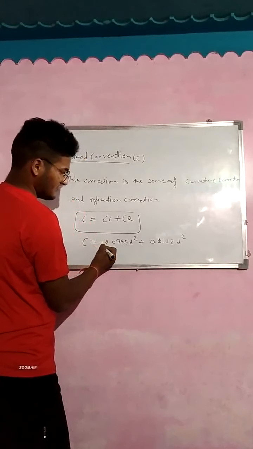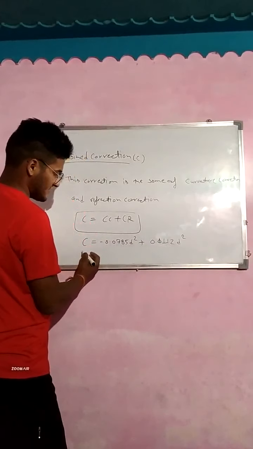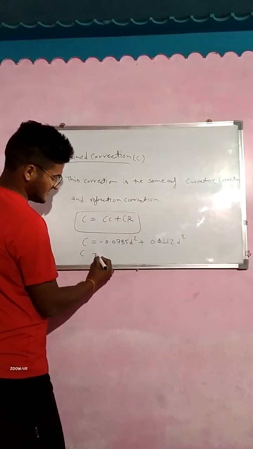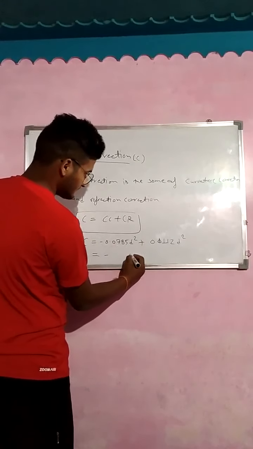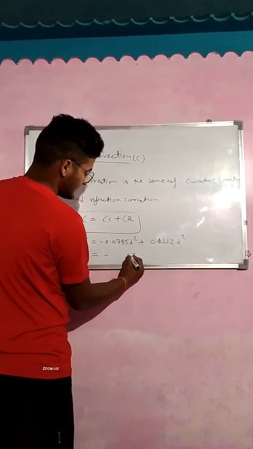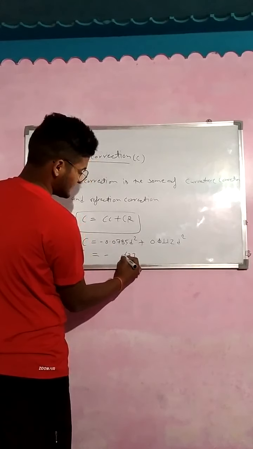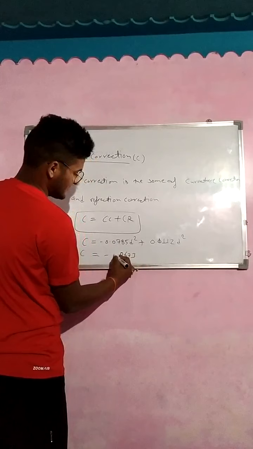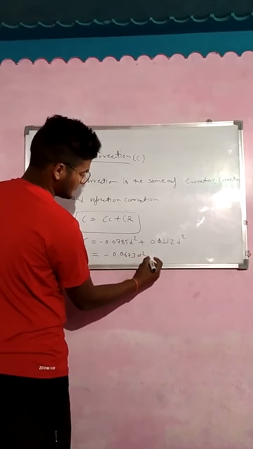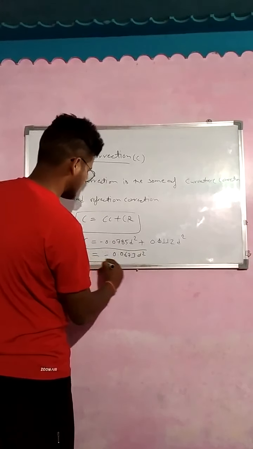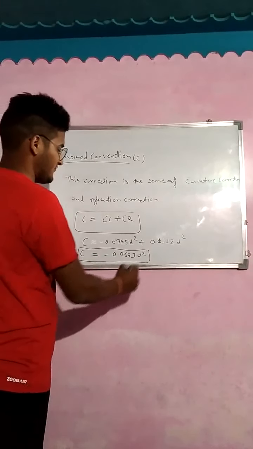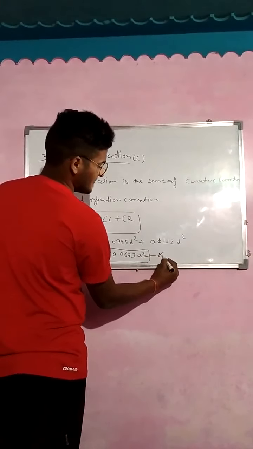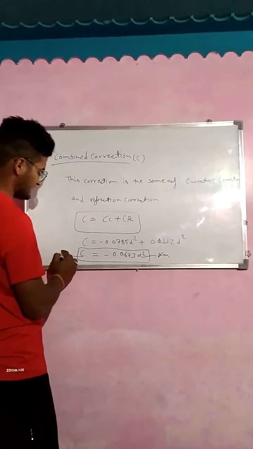The value of combined correction is 0.0673 d square, which is always negative, while the refraction value is positive, and the combined correction is always negative. This value is 0.0673 d square. Okay, so this is the total value. Here d square is in kilometers and C is in meters.